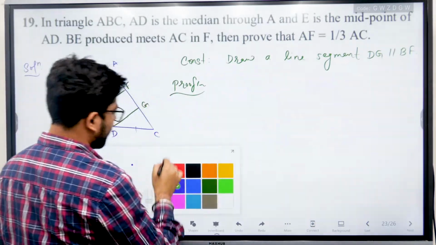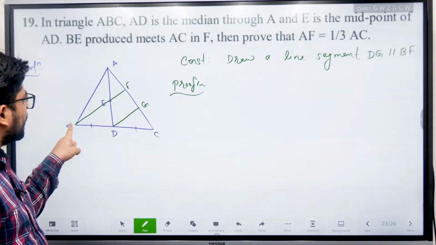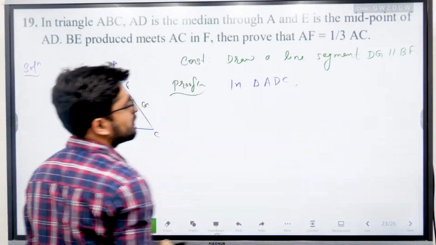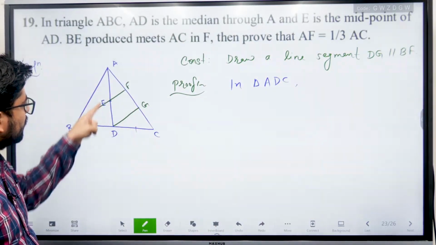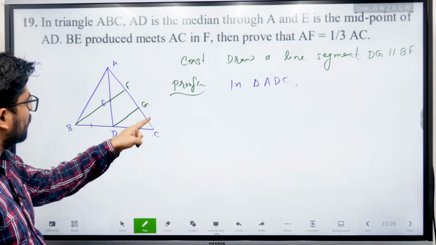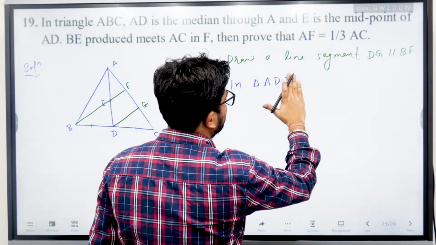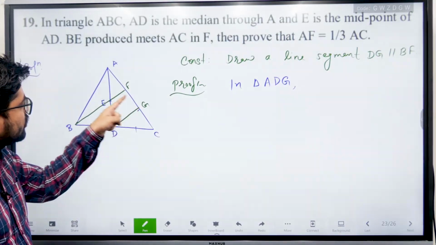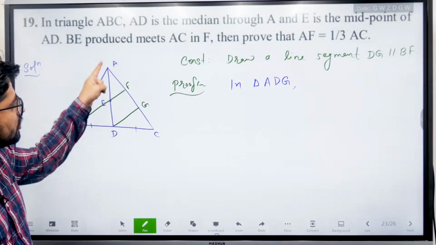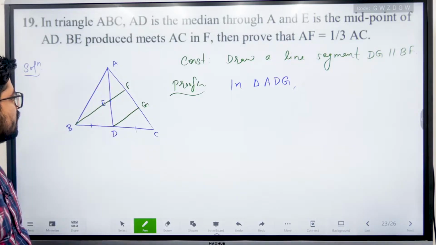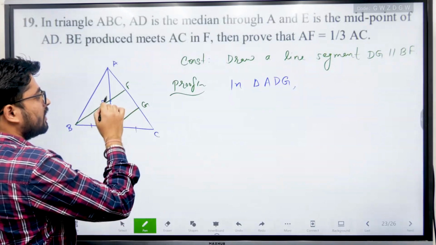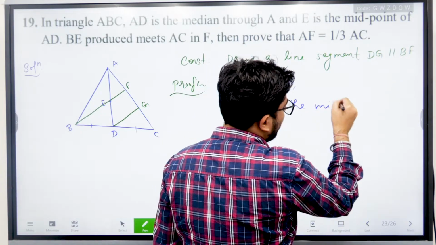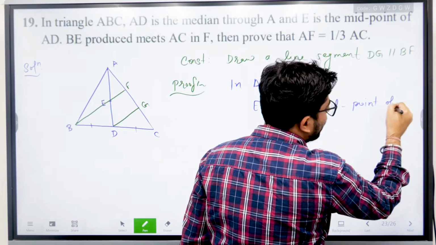Here in triangle ADG, E is the midpoint of AD.